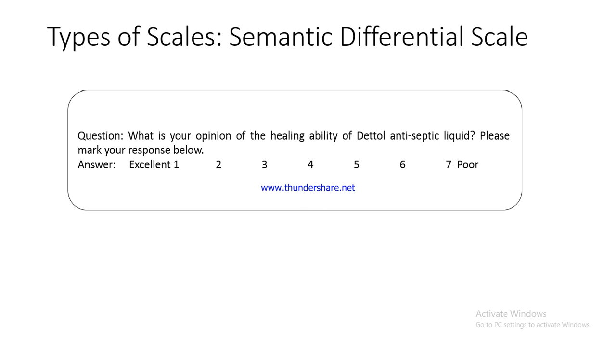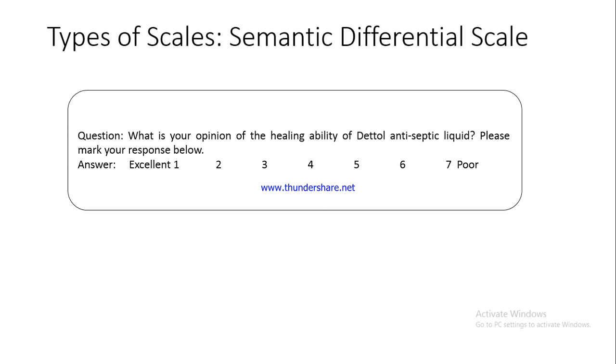But have a look at the response categories. On one extreme is excellent, on the other extreme it is poor. Excellent is the first response category, and the seventh response category is poor. In between we have got 5 more response categories, 2, 3, 4, 5 and 6.